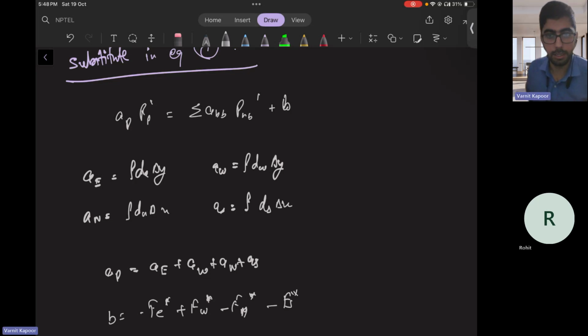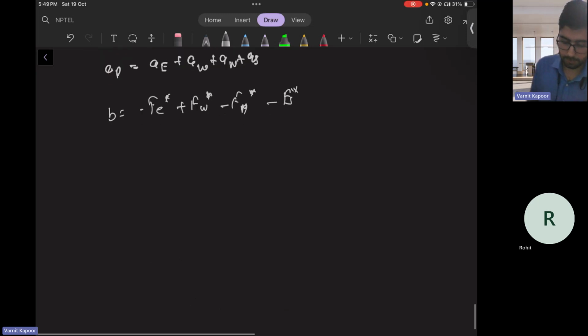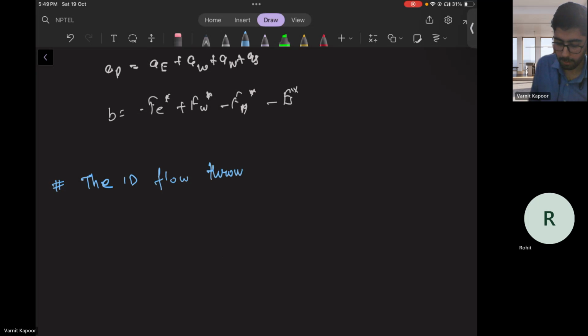So we'll start with an example problem of the SIMPLE algorithm on the collocated grid. I'll write the problem and I'll give you some time to solve it, and then we will discuss. So the problem is 1D flow through a porous medium.